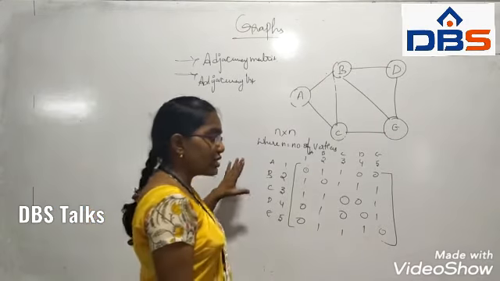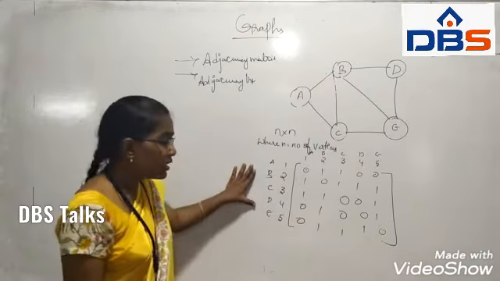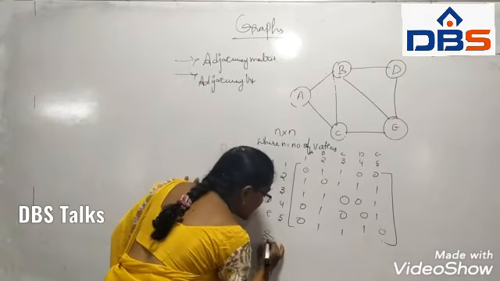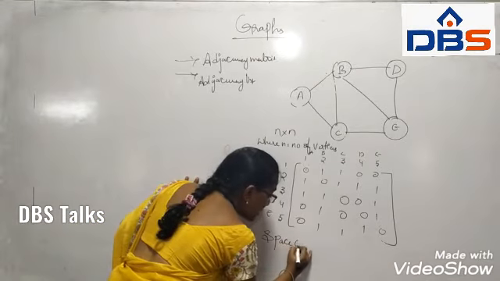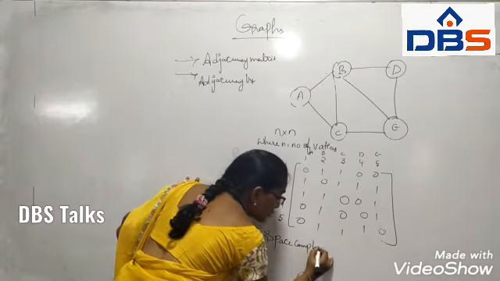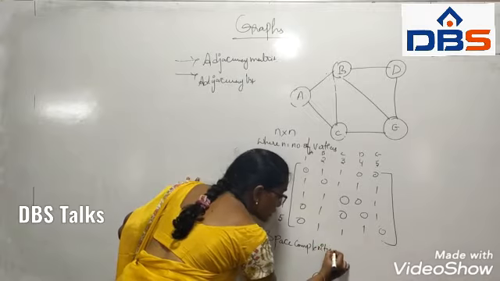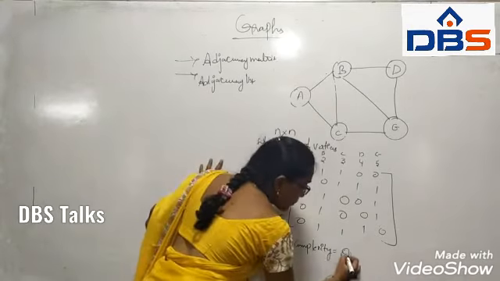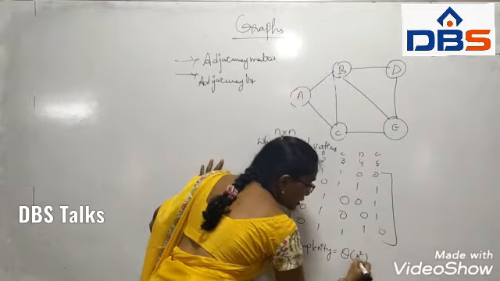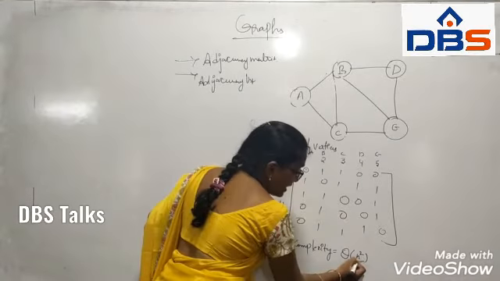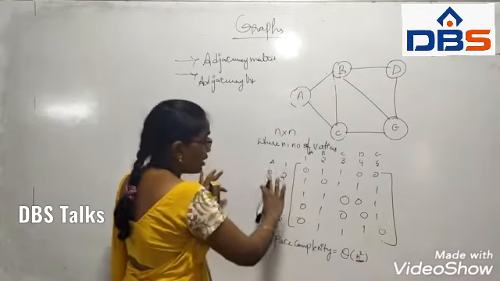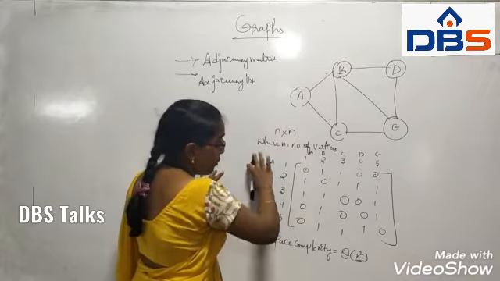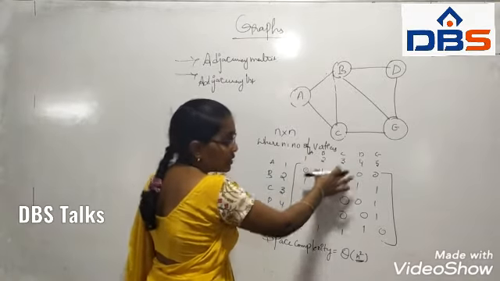If you want to store this particular matrix in the memory, then the space complexity for this particular matrix to store is theta of n square. Why is it n square? We have to store n number of vertices, n number of columns and n number of rows.